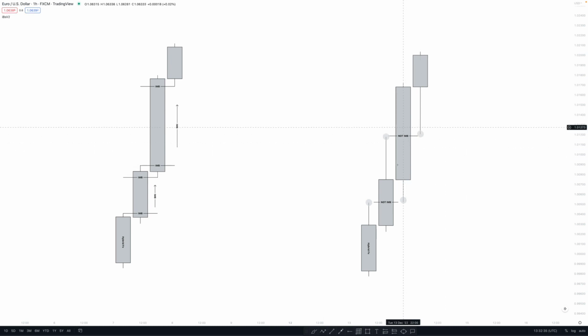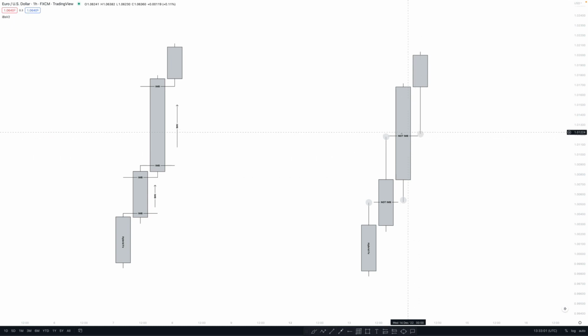So in the right example, you see that we do not have imbalance. Why do we not have imbalance? Because we have wicks. So we have a wick here and we have a wick here, guys, and you see that there is no empty space like here. So these wick candles are touching each other. So the price didn't make that fast impulse to the upside, and made an efficiency.